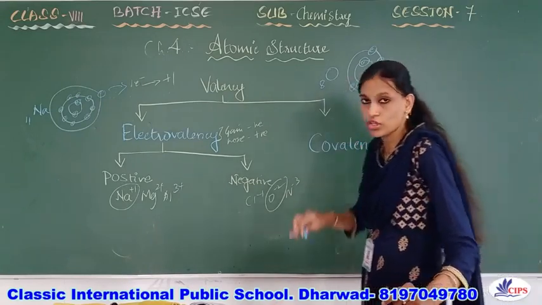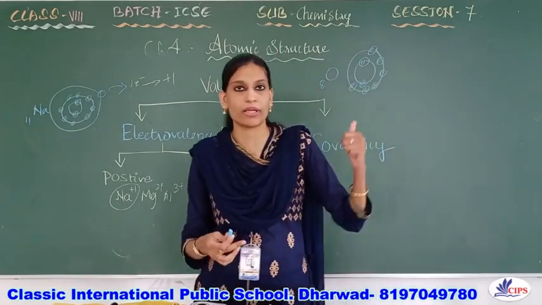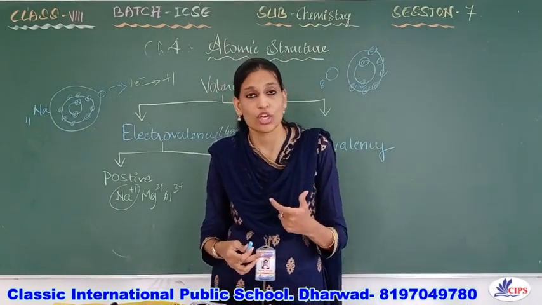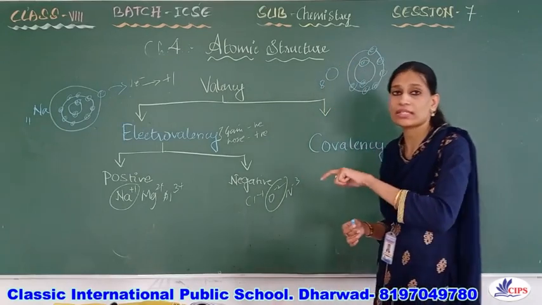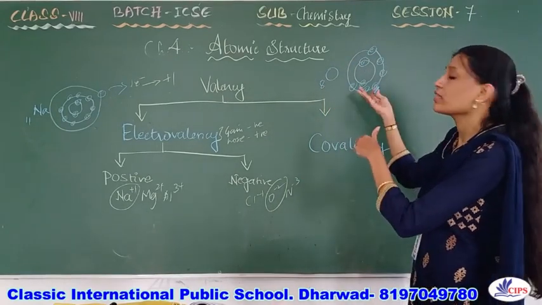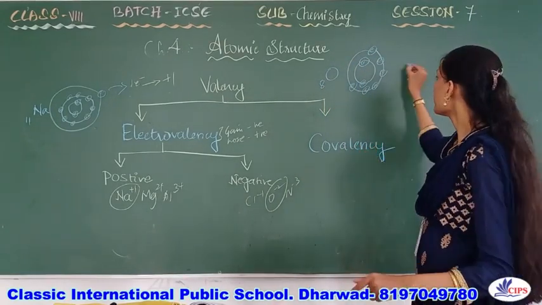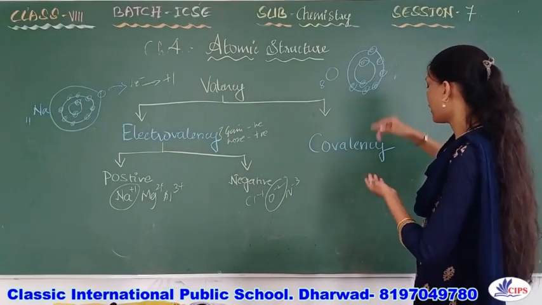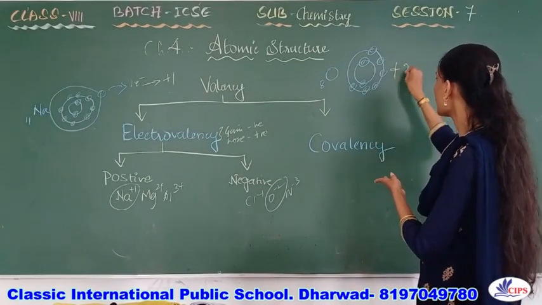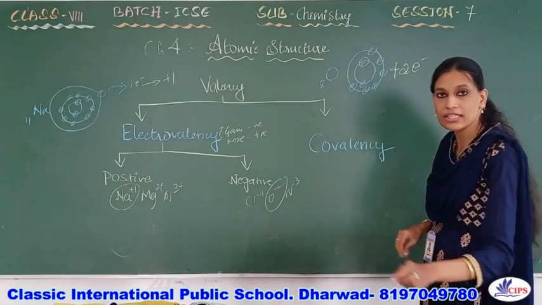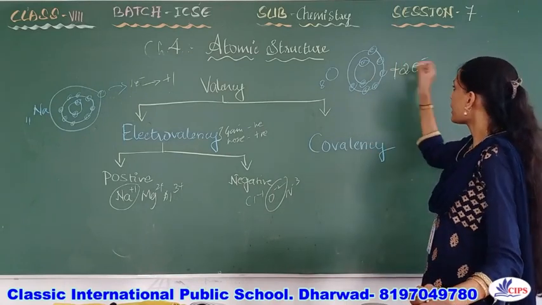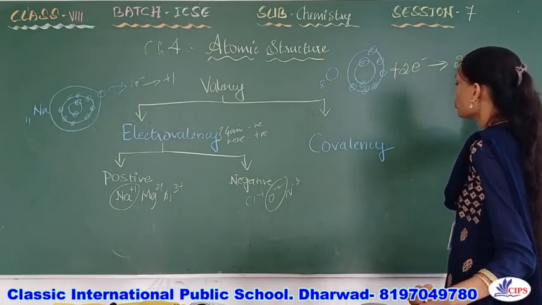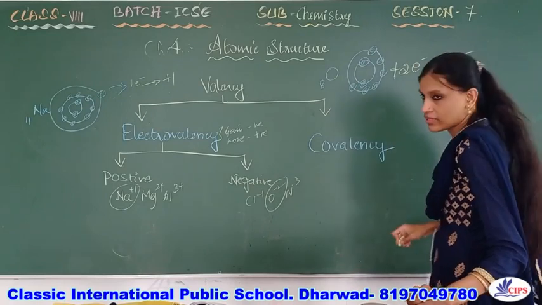How many more electrons does oxygen need to become stable? It needs 2 more electrons. So what will oxygen do? Instead of losing those 6 electrons, it will gain. How many electrons has it gained? 2 electrons it has gained. Therefore, it attains a charge of 2 minus when it gains.